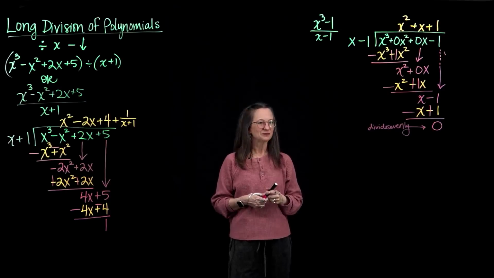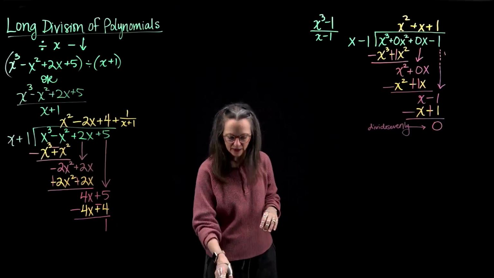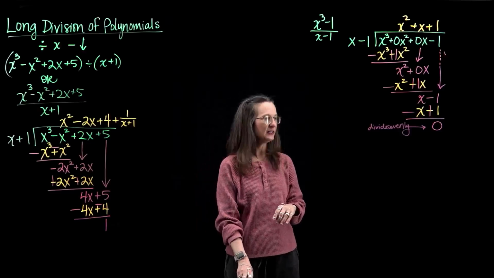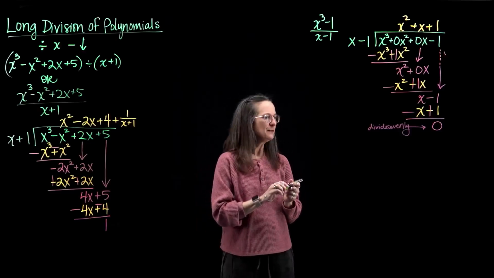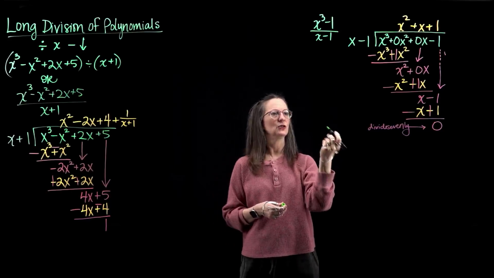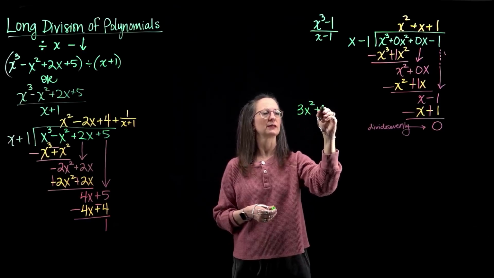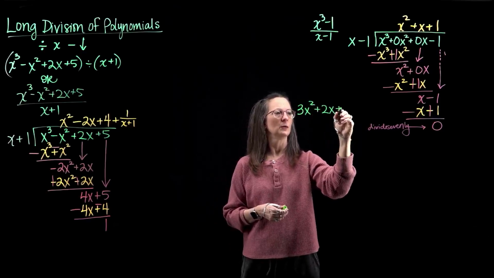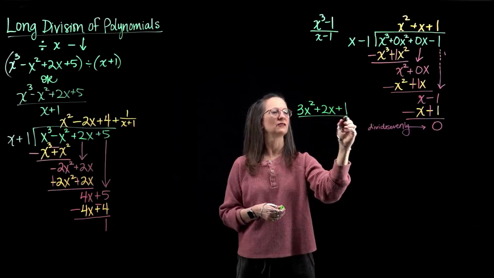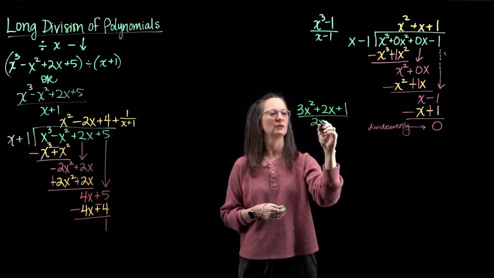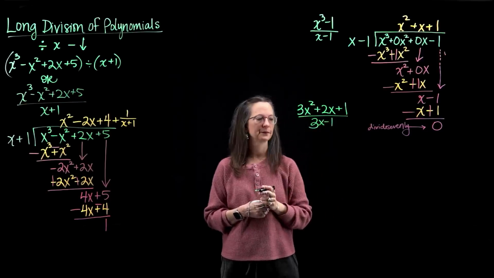All right. I'd like to do one more of these where we have a coefficient on the front. We'll do a short one. I'm going to do, say, 3x squared plus 2x plus 1, and we're going to divide this by 3x minus 1.